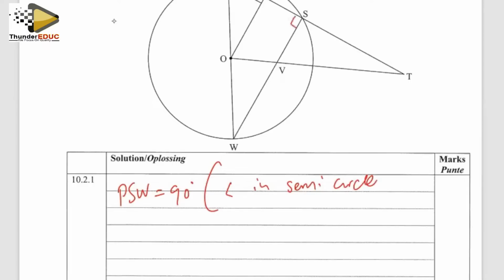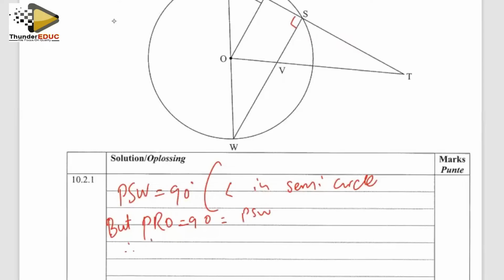Okay, so if that is a 90, what does it make these two lines? It simply means that those two lines are going to be parallel. So I'm going to say that PRO is also 90, which is equal to PSW.